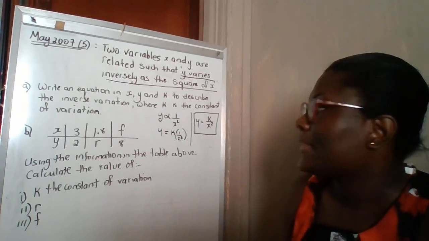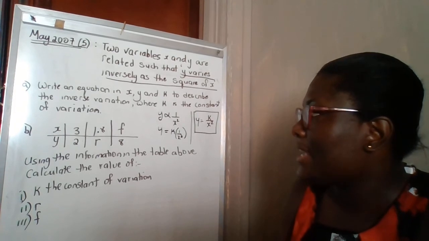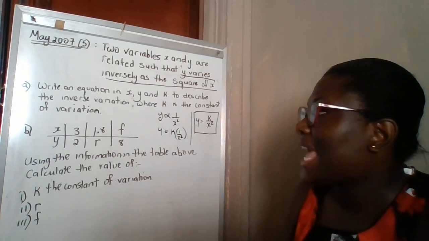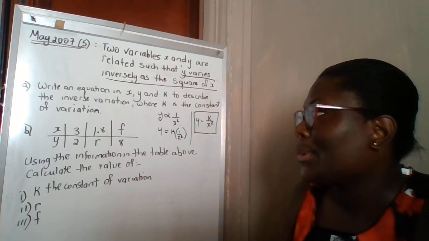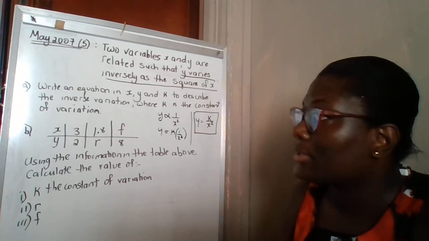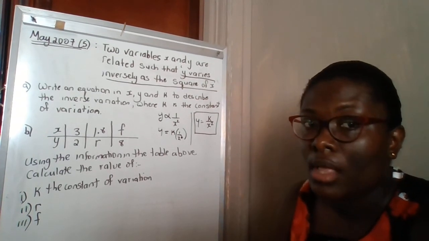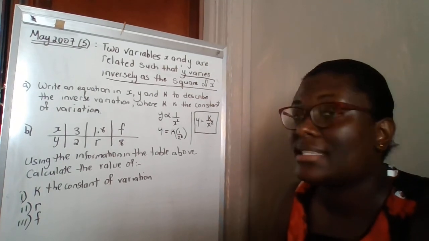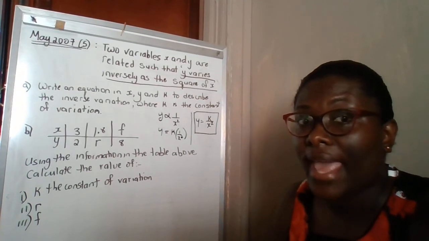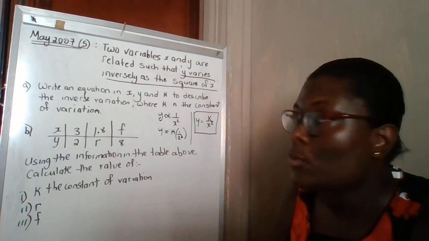Okay. The next thing it says now is that using the information in the table above, calculate the value of k, which is a constant of variation. Looking at the table, remember I said to you in my last video that in order to find the constant, you must have the x value and the corresponding y value.